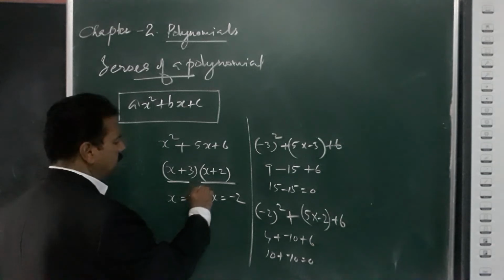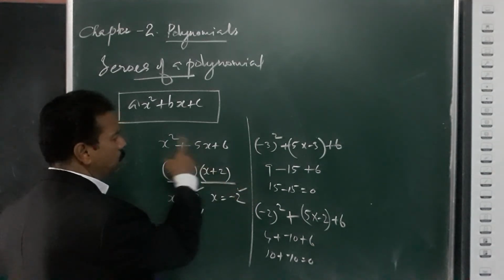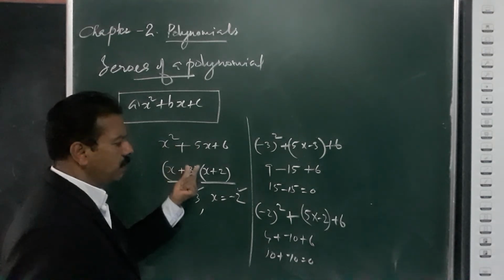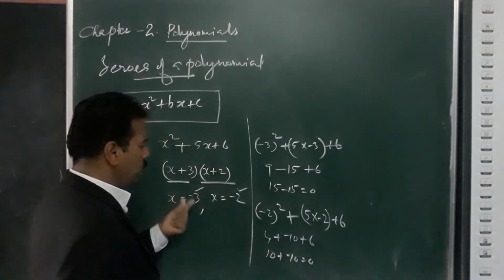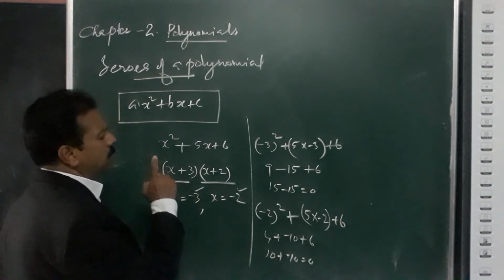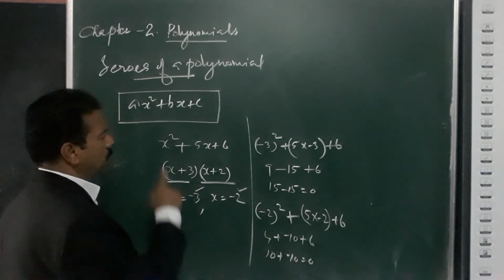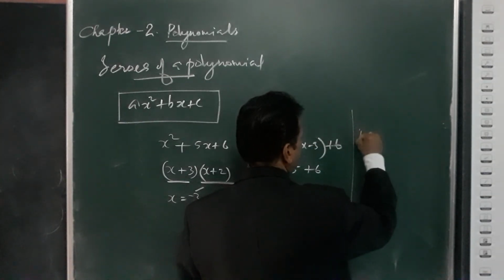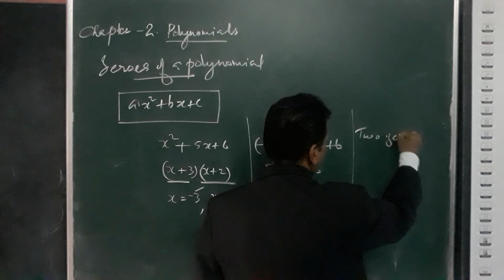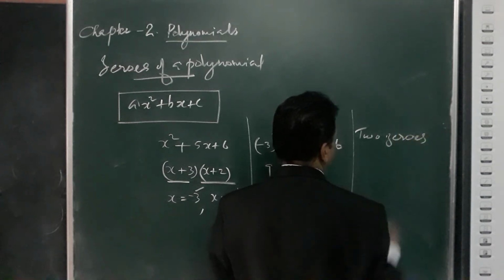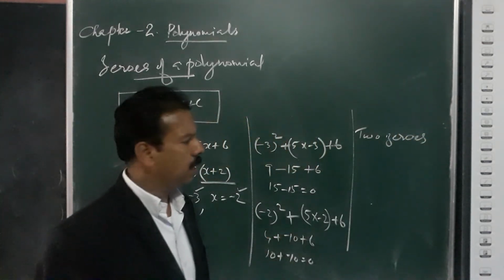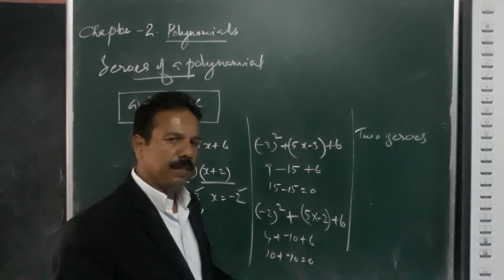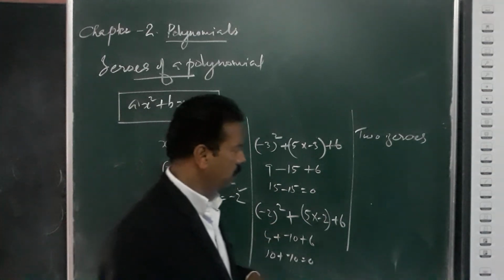Therefore, minus 3 and minus 2 make this polynomial 0 if you substitute those values instead of the variable x. Therefore, there are 2 zeros. For a quadratic polynomial, there are 2 zeros. Both zeros may be equal and both zeros may be different. Equal or unequal. Okay, thank you.